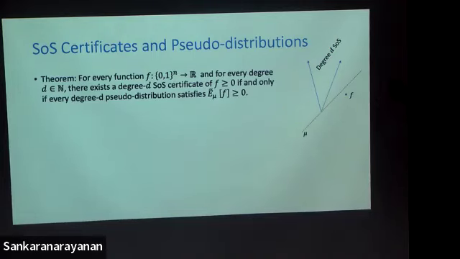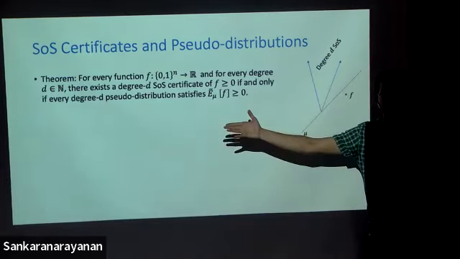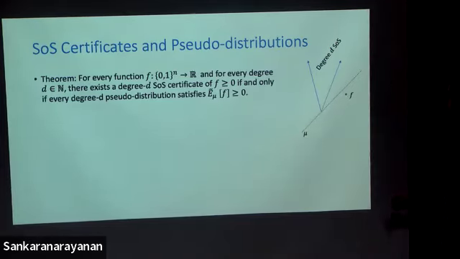If f does not lie in this cone, you can always find a separating hyperplane, and that will give you a pseudo distribution for which the expectation is strictly less than 0. Whereas if the polynomial f lies inside, then for whatever hyperplane you take, it has to be non-negative, so you cannot separate it. That's essentially the proof of this theorem.